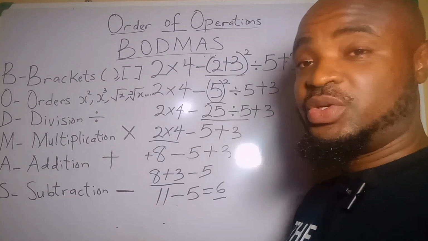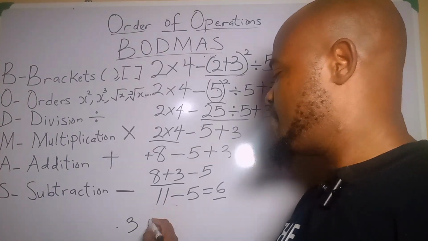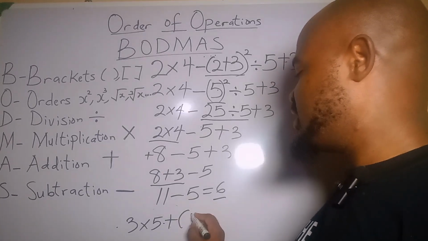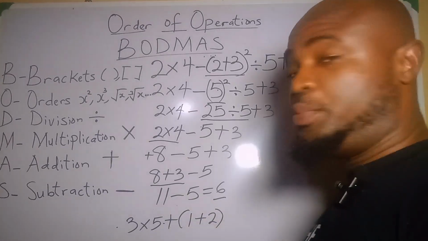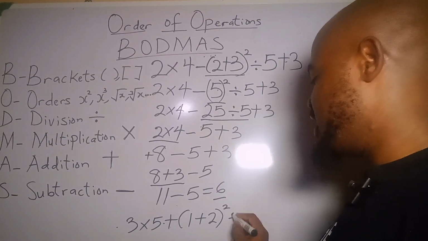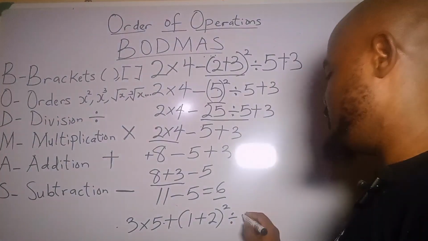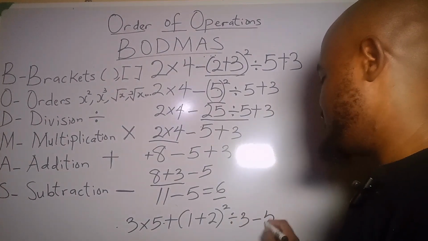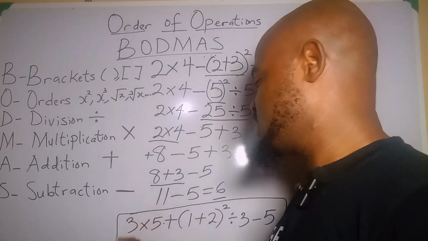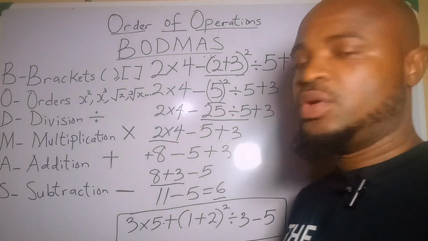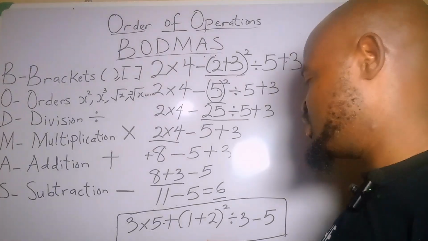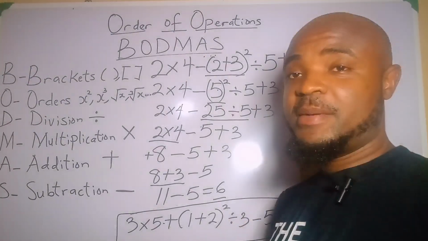Your take-home question is 3 multiplied by 5 plus, into brackets, 1 plus 2, raised to the power of 2, divided by 3, minus 5. I hope you're writing it down. There's the question.